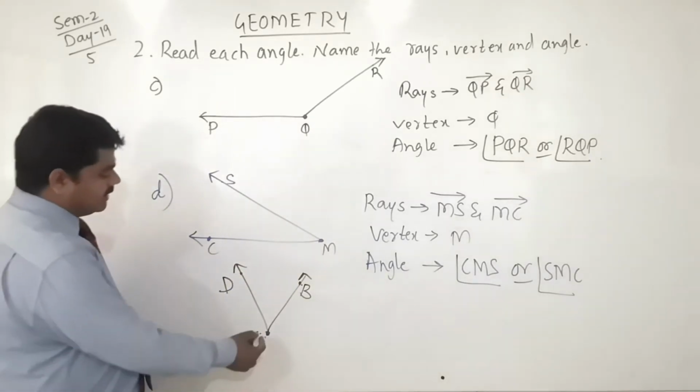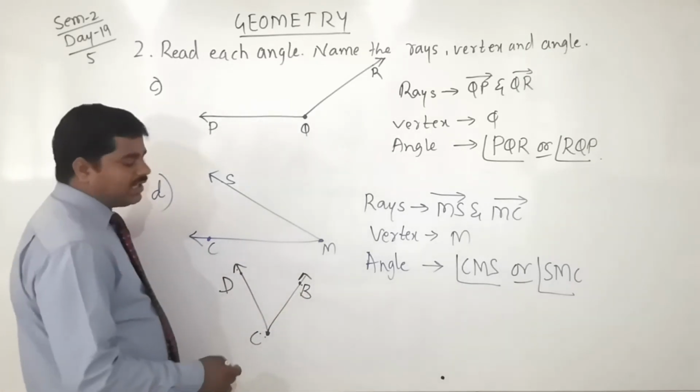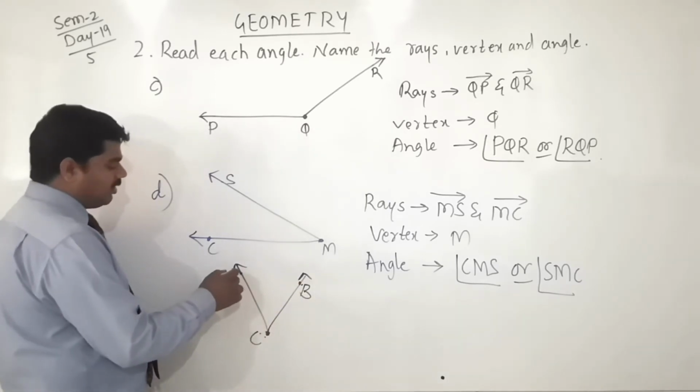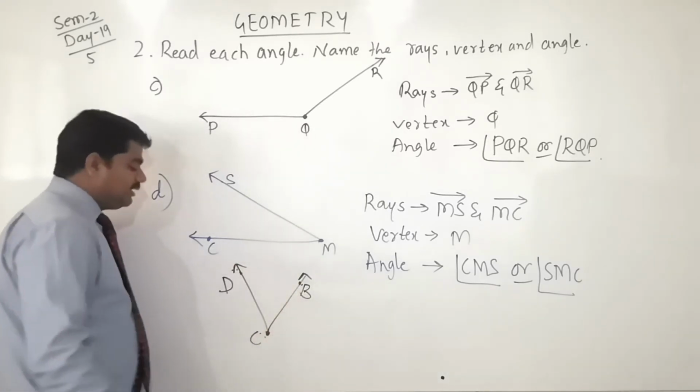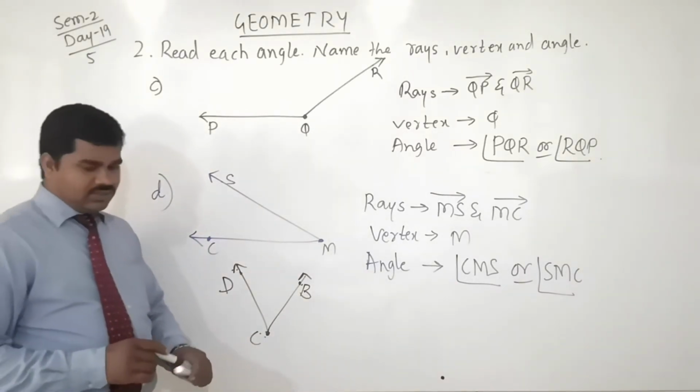Then vertex is C, angle BCD or DCB. The vertex C should come in the middle. Clear? Okay.